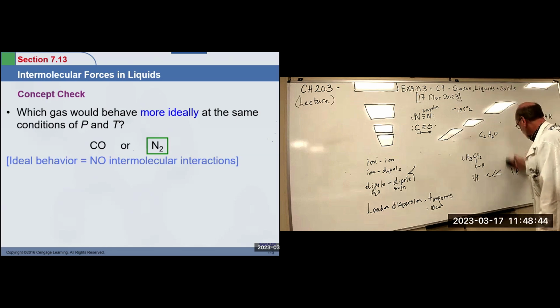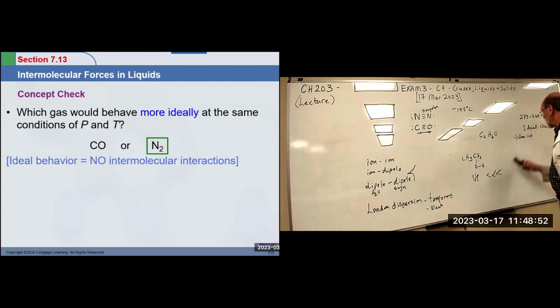All right. Under what circumstances? Well, actually, ideal behavior means, one, no intermolecular forces.